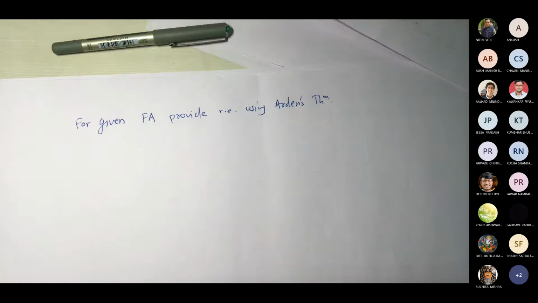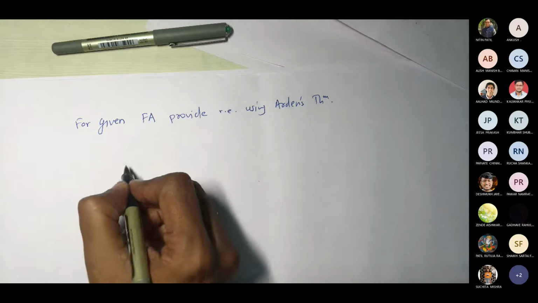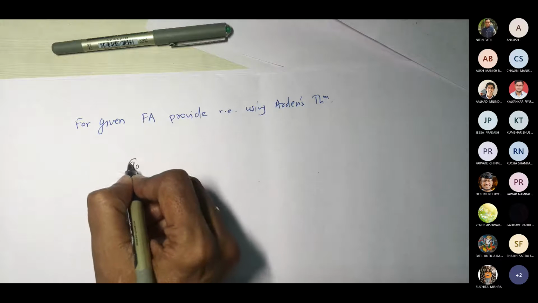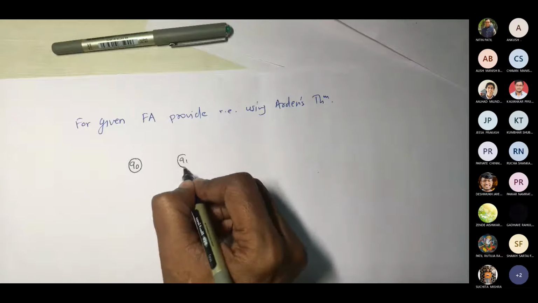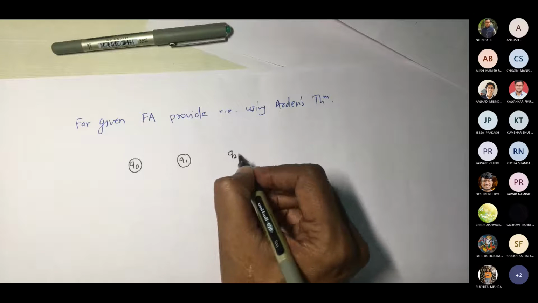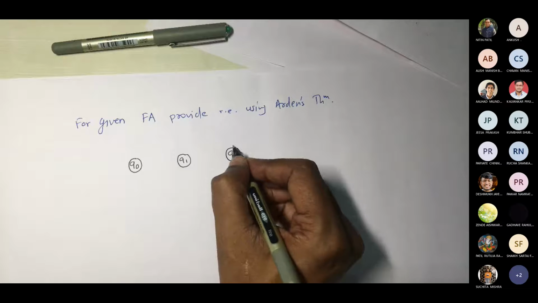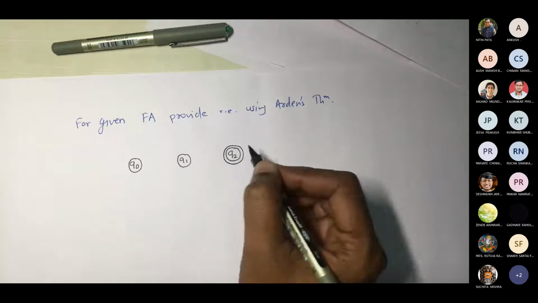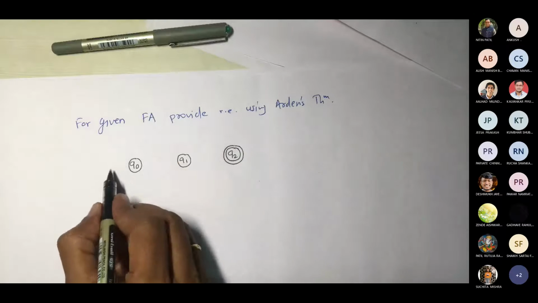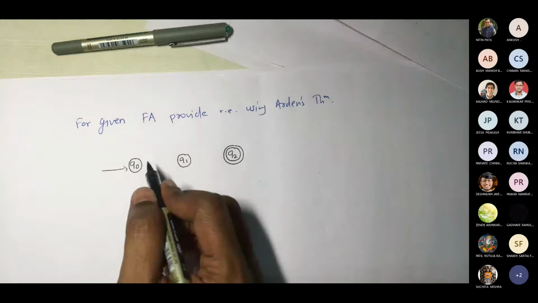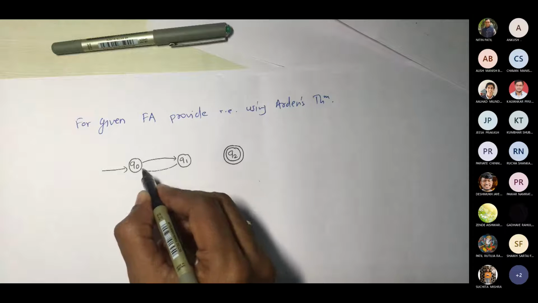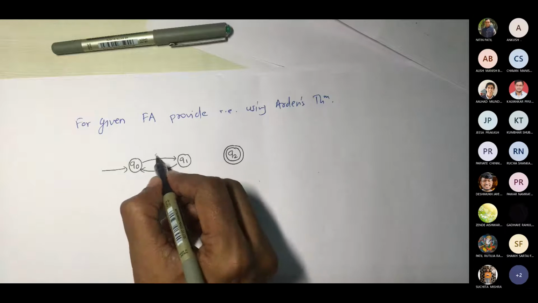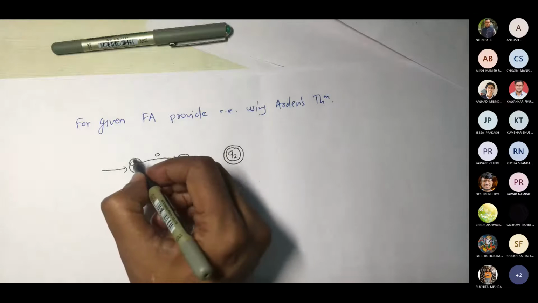Fine. So let us take one. Q0, Q1 and Q2. This would be the initial state. There are two transitions, 0 and 1.